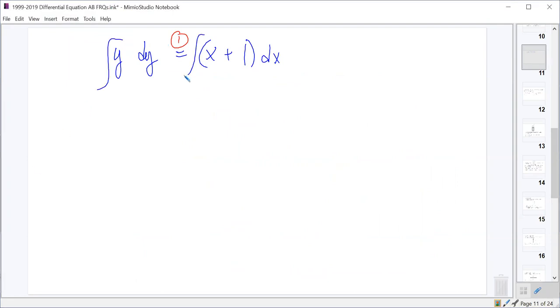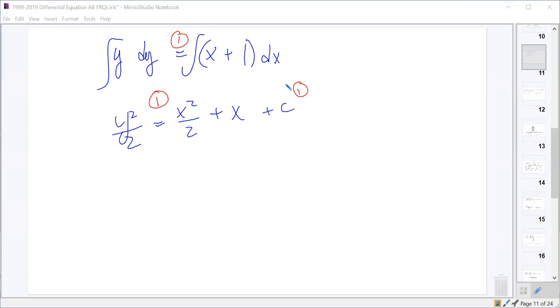Second, we integrate. Second point, we don't forget our plus c. Third point, we plug in our initial condition.